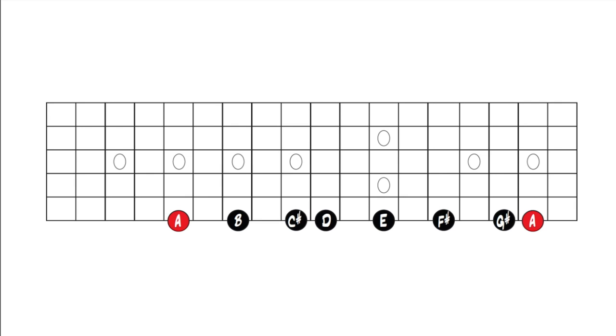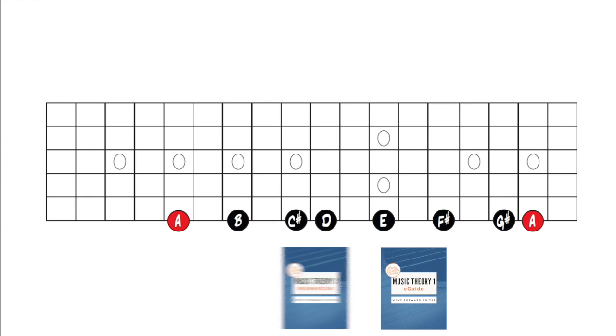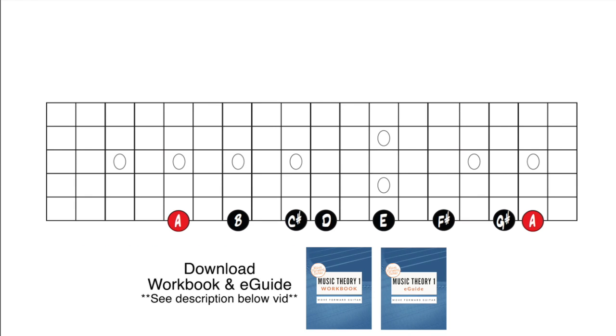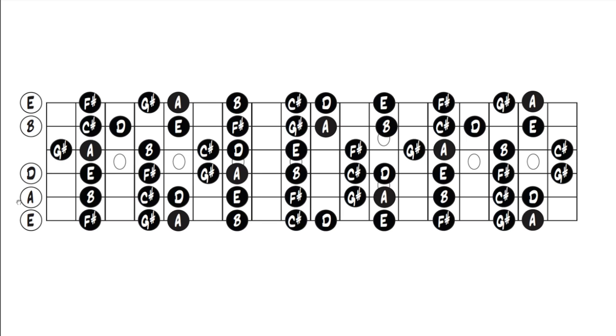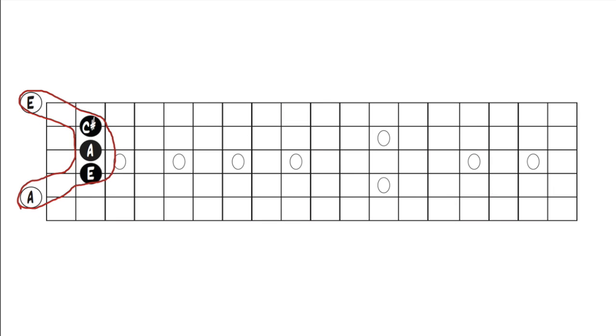Or I could do it with another scale. I could take the A major scale and I could find different chords. So here's the A major scale on one string, put it on the whole fretboard. I could just start circling chords that come straight out of the A major scale. For example, A major comes right out of the A major scale, which is right there.